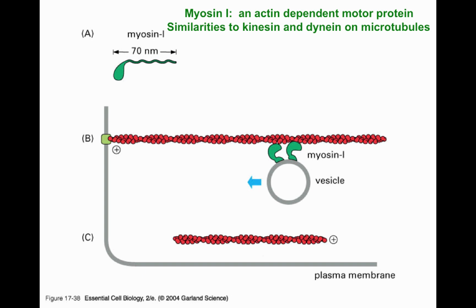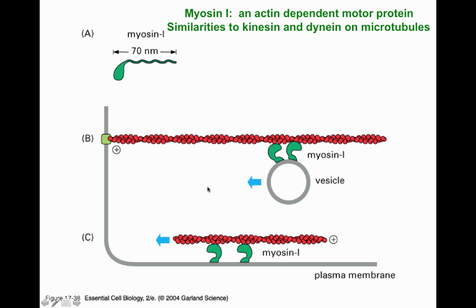That vesicle has myosin 1 bound to it. And because myosin 1 is able to hydrolyze ATP to move along the actin filament, it's able to move towards the plus end of the filament, which in this case is capped underneath the membrane, and therefore move this small vesicle towards the plus end.